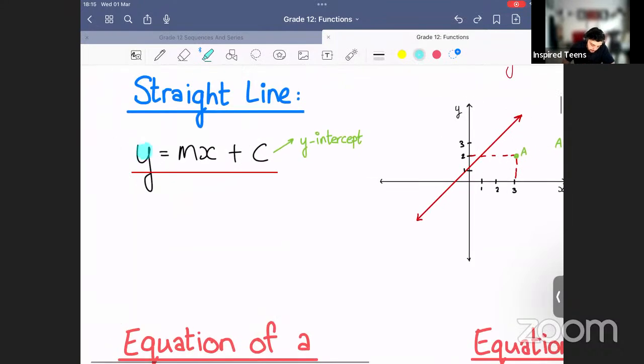So when you talk about x and y in your general equations, you are talking about values that could be substituted, values that are changing. I could substitute a value for x, I'd get a certain value for y. I could substitute a value for y, I'd get a certain value for x. However, then we have m, which is the gradient.